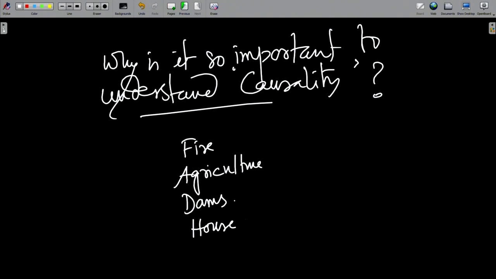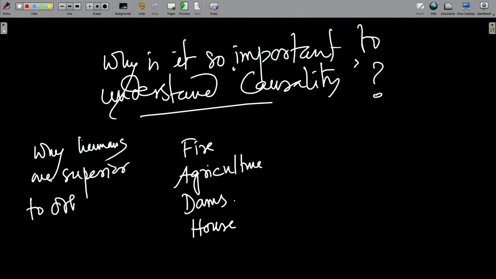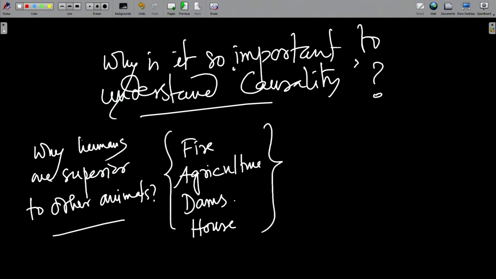Now, if I ask you why humans are superior to other animals, how we have become superior to other animals, you can give me the answer: fire, agriculture, dams and house and so forth. So, you say we have done that.